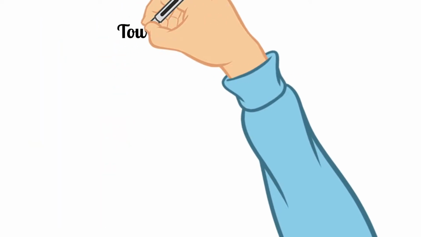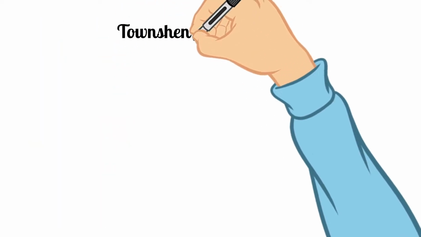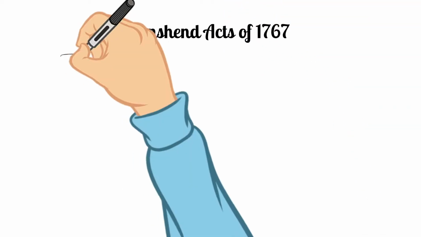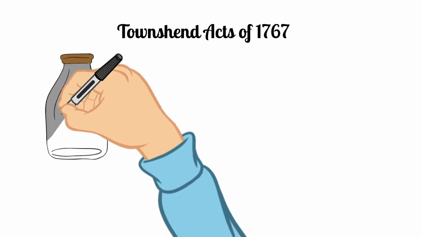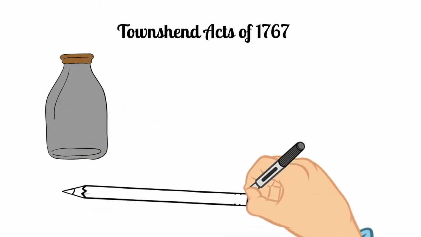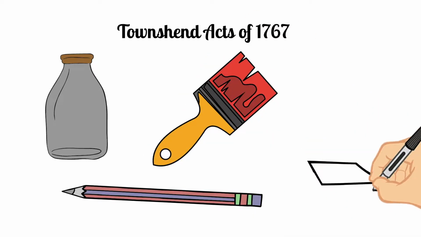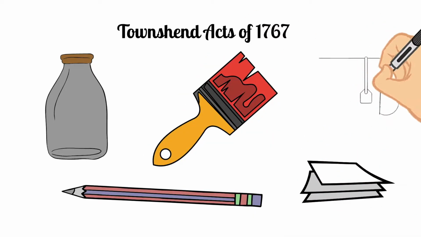The Townshend Acts of 1767 took this idea even farther by taxing essentials that people would have to buy, like glass, lead, paint, paper, and tea.